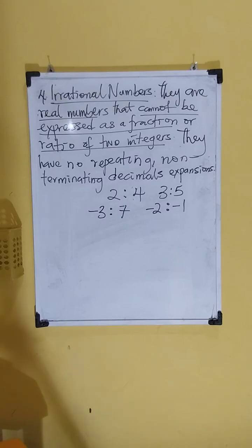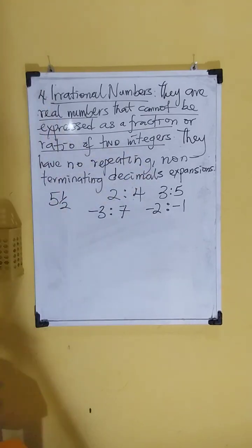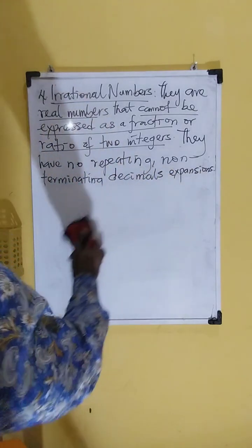So irrational numbers cannot be expressed like this. So this is out. They cannot be expressed as a fraction or ratio of two integers. They have no repeating, non-terminating decimal expansions. So examples of irrational numbers include, let me just write them out.